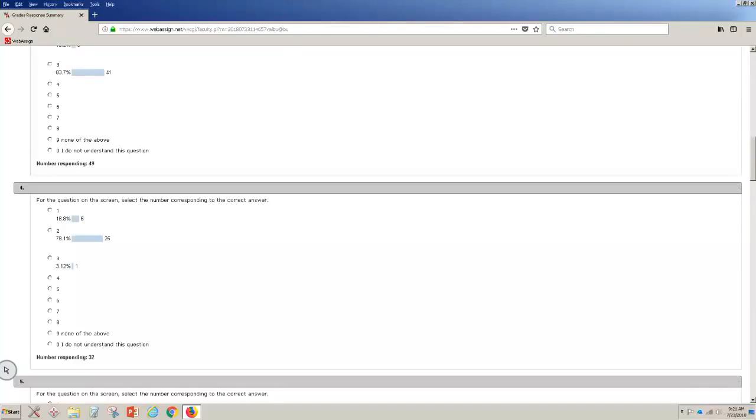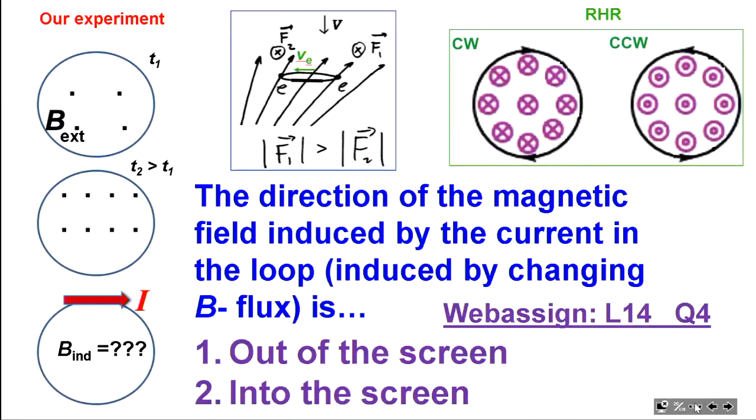So, number 2 is the most popular answer, and well, why would it not be? It's right here. Clockwise, into the screen. According to the rule, of course. So this again is nothing new so far, just a review.